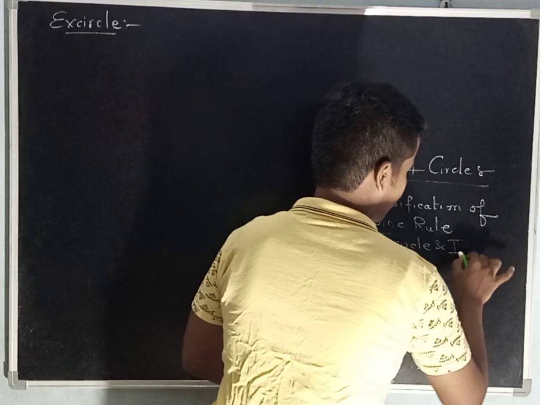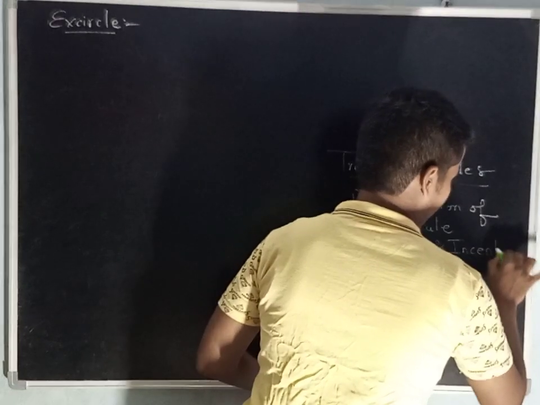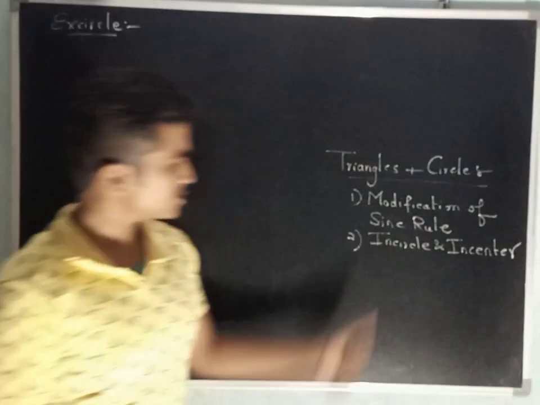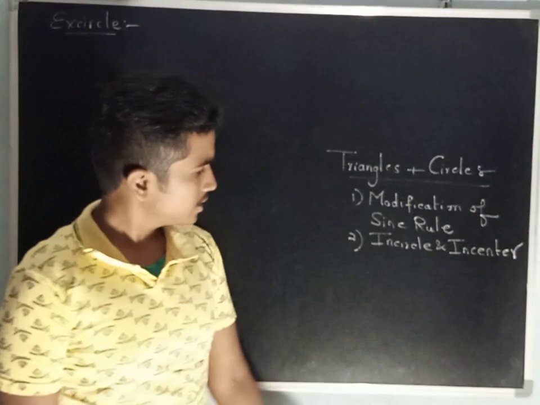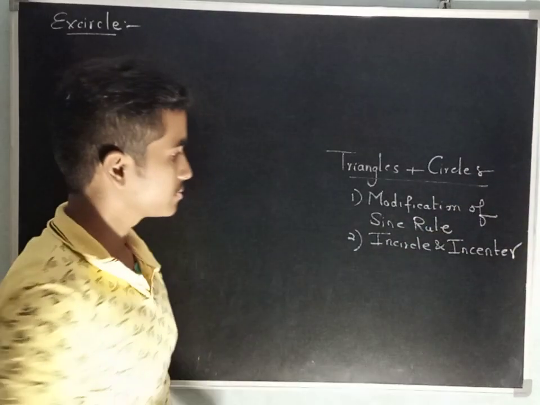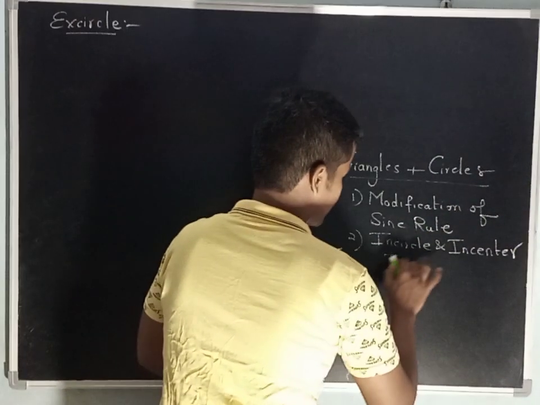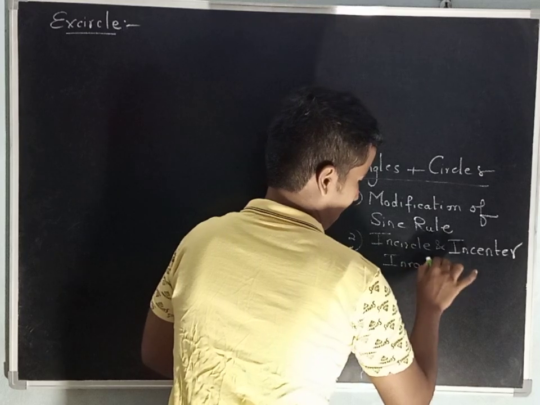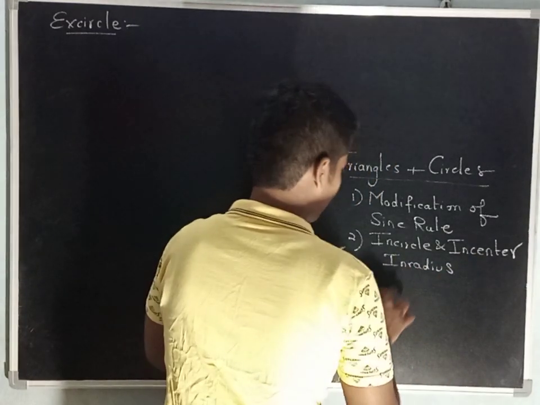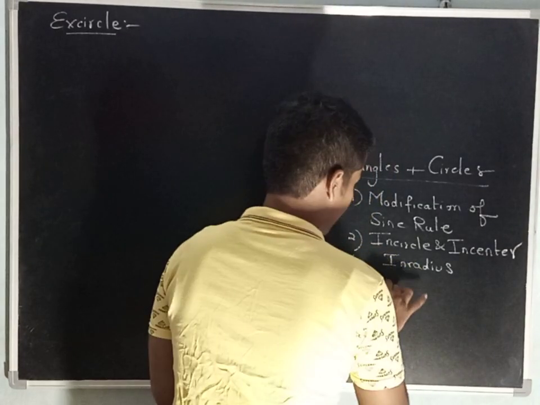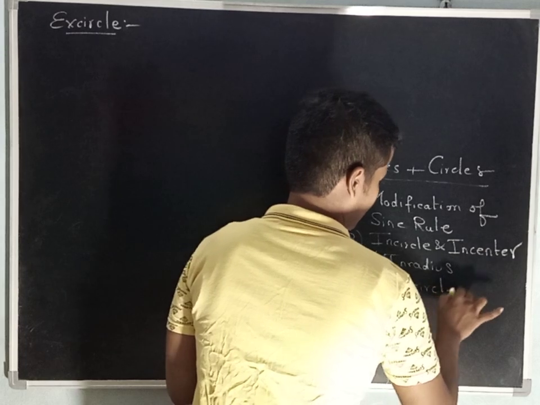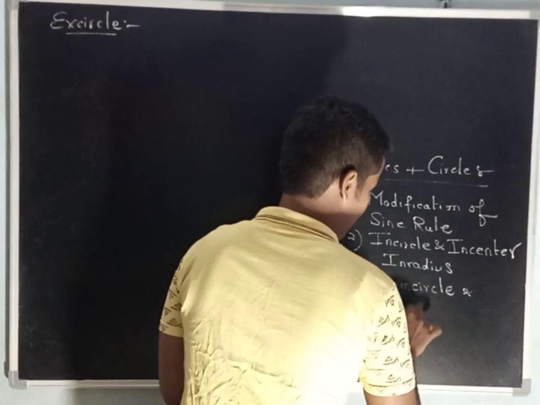In the previous video we discussed the concept of the incircle and all the set of formulas regarding the incenter and inradius. And the third concept is the circumcircle and circumradius.